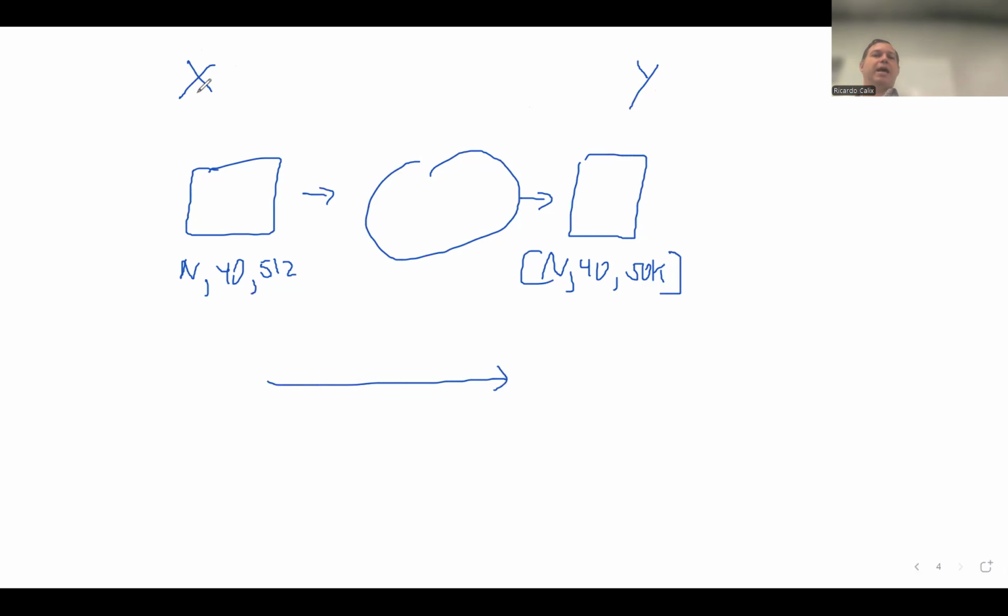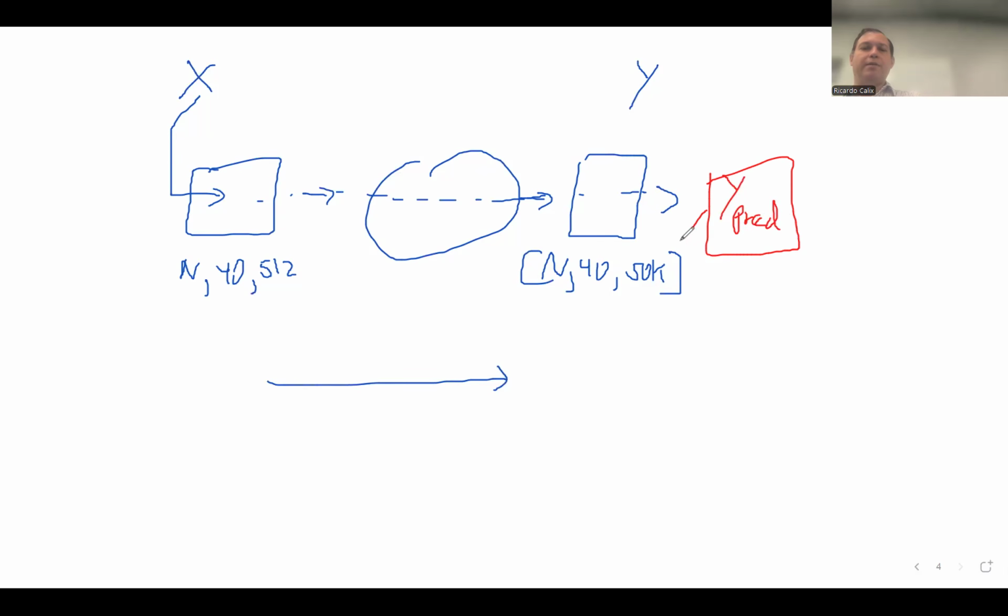So then X goes in through here, goes through all this to produce, and let me change color here, let's call it Y pred.